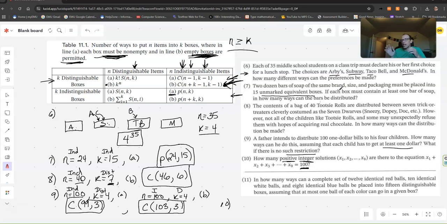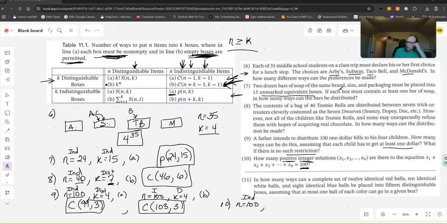So it's not like one can have negative 10 and the other has positive 110. We have to make sure we're only getting positive integers. And so this right here, 100, is our n. And they're indistinguishable. These ones, anytime you deal with a number and you're breaking it apart like this, are indistinguishable ones, I guess you could say.